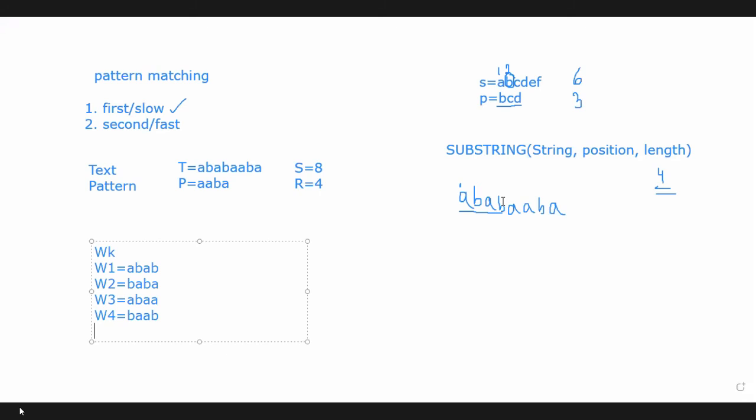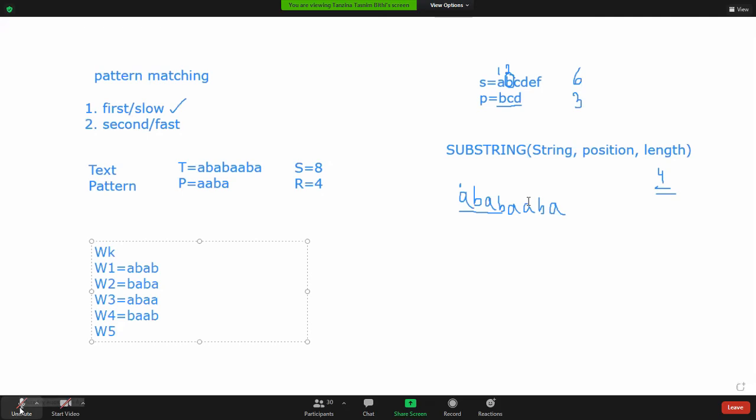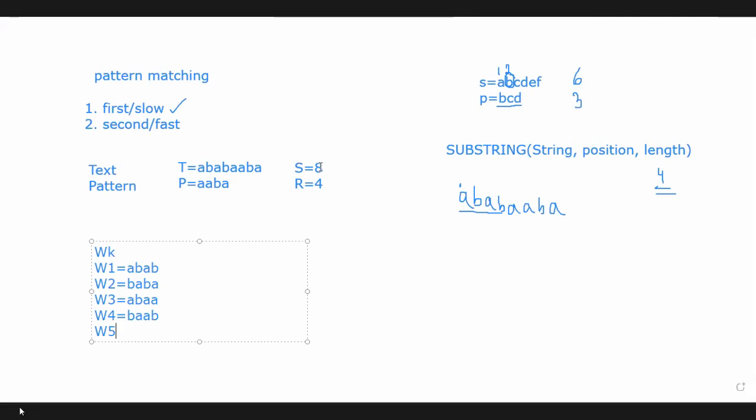And when K equals to 5, so what will be the maximum value of K? The maximum value of K is S minus R plus 1. So here S equals to 8, and 8 minus 4, that is 4, plus 1 is 5. So that is our last substring W5, and the value will be AABA.